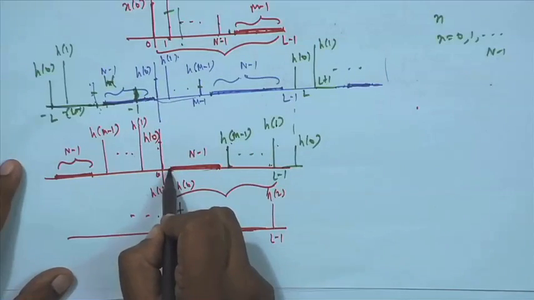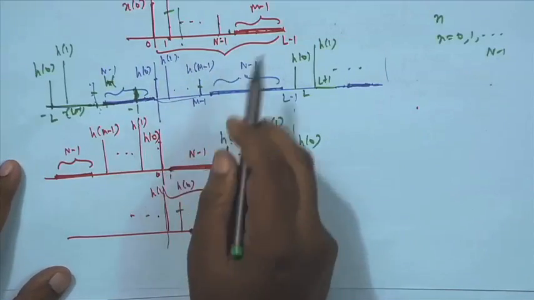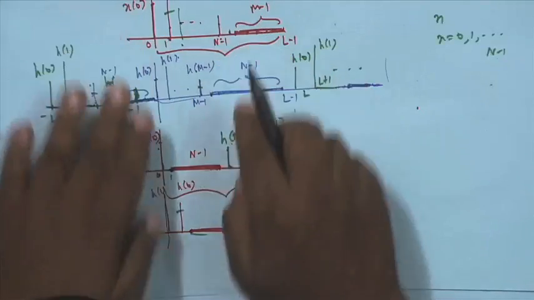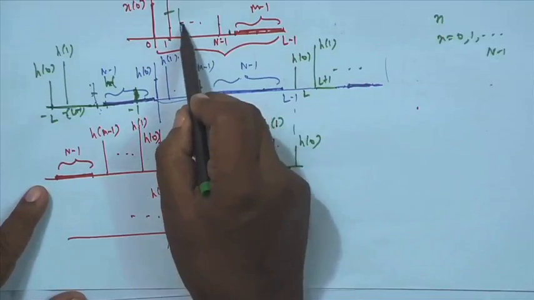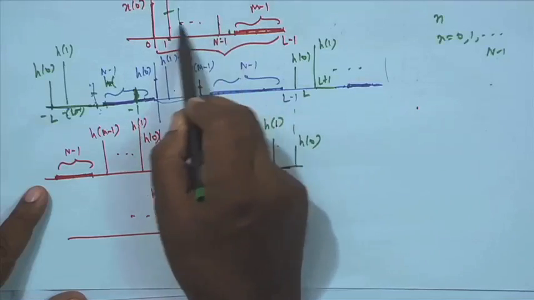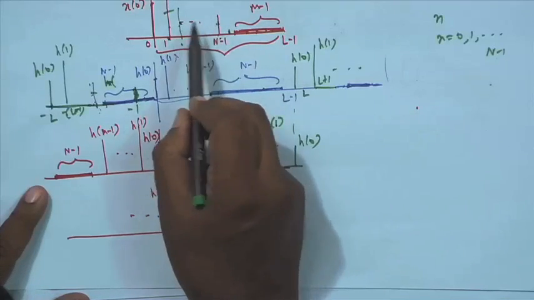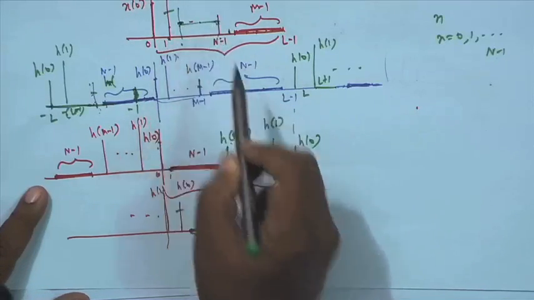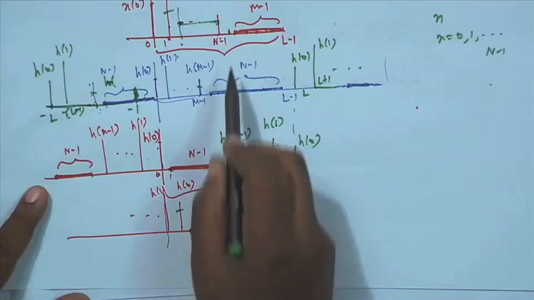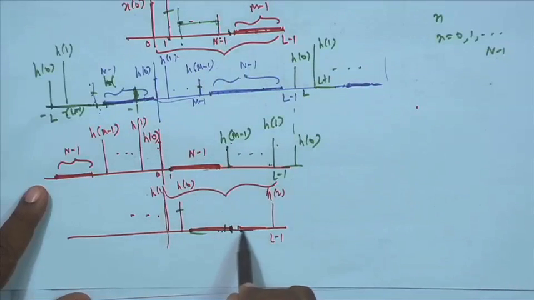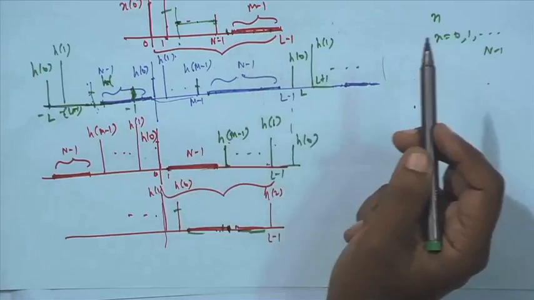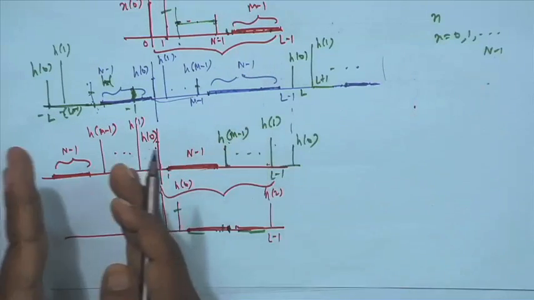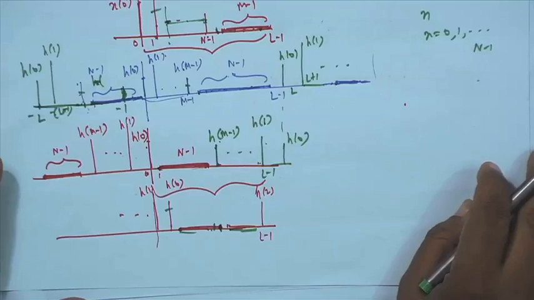Earlier the 0 pad was starting from 1, now it has gone to 2. So instead of coming from between 1 to n minus 1, this has now moved 1 point to the right. So it will take care of these n minus 2 samples, then this will be multiplied by 0 and one more 0 here, and the remaining samples will be multiplied by zeros here, okay. So I will get the same result.